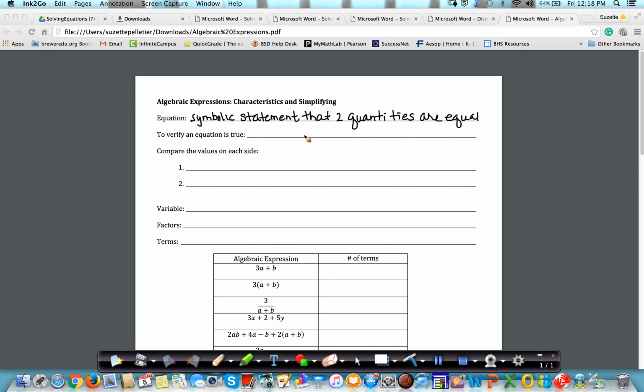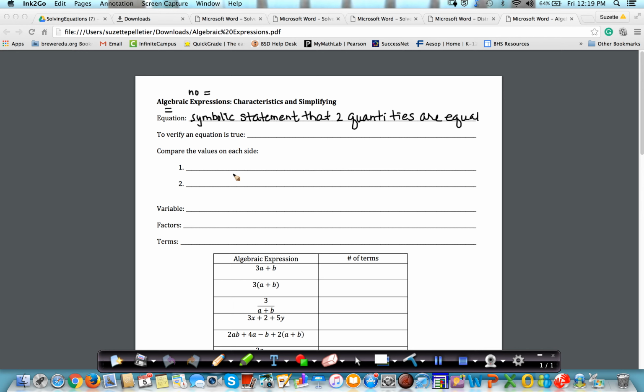So the big thing here is, if it's an equation, it has an equal sign. If it is an expression, so up here, there's no equal sign. An algebraic expression is just that. It's an expression, such as these examples down here. None of these have equal signs, so those are expressions. Equations have an equal sign. Two things set equal to each other, okay?